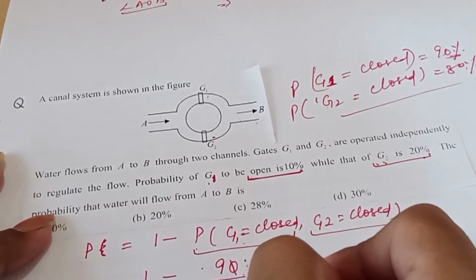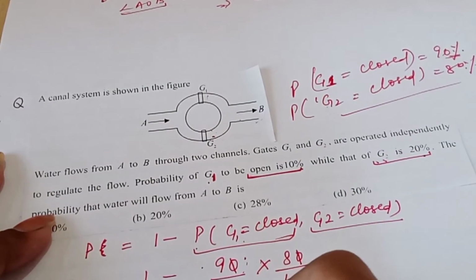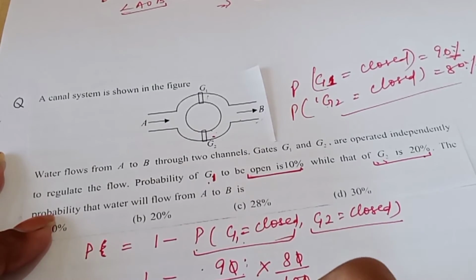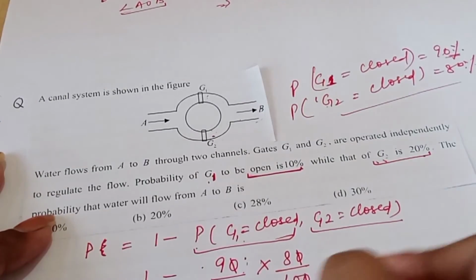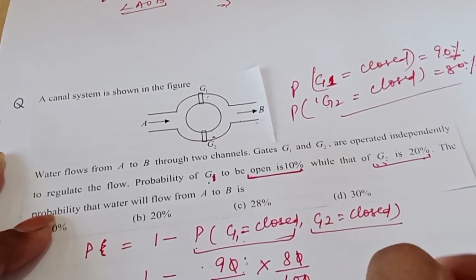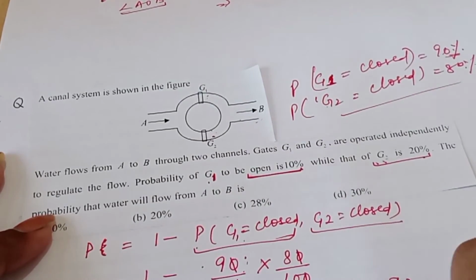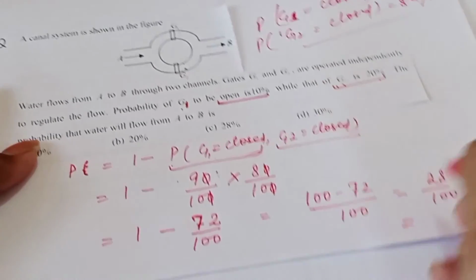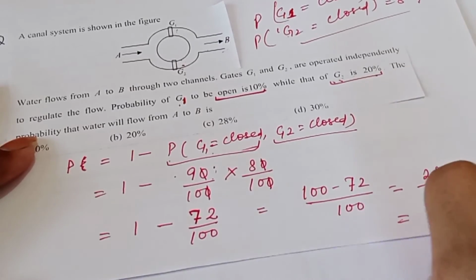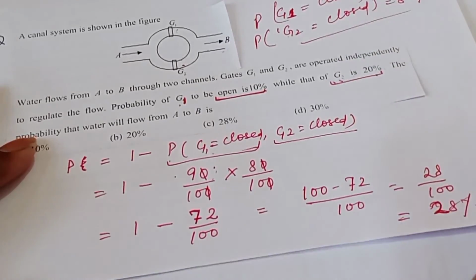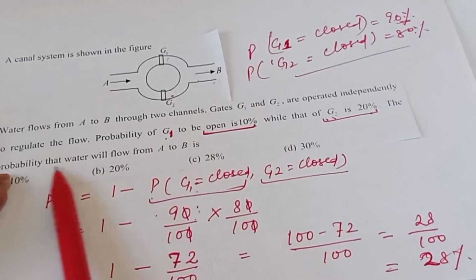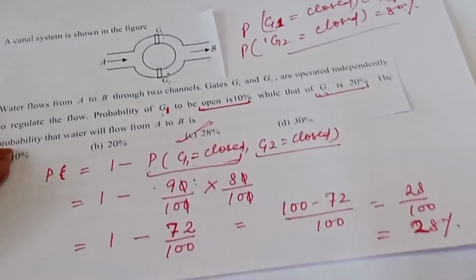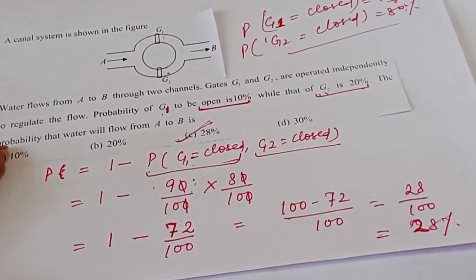Zeros will cancel out, and 1 minus 72 upon 100, which is equal to 100 minus 72 upon 100, which is equal to 28 upon 100, which is equal to 28%. It means the probability that water will flow from A to B is 28%. This is the correct answer.